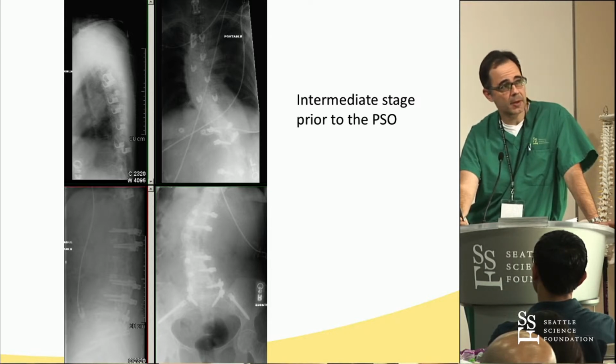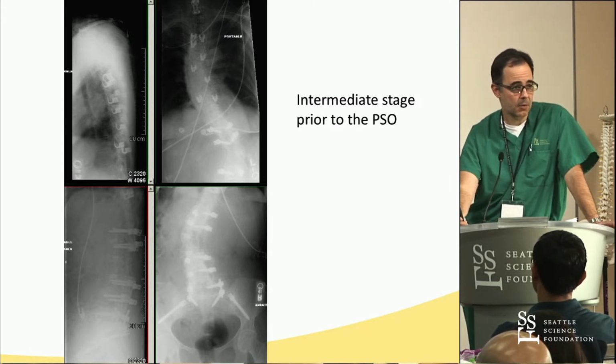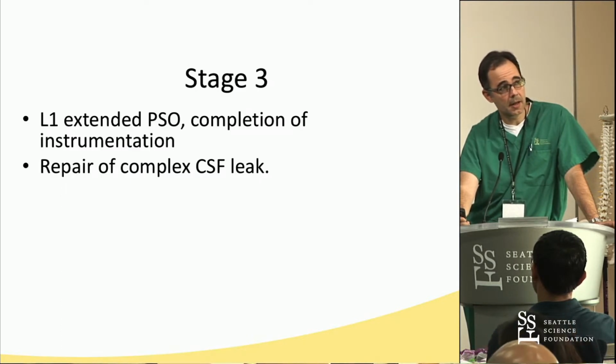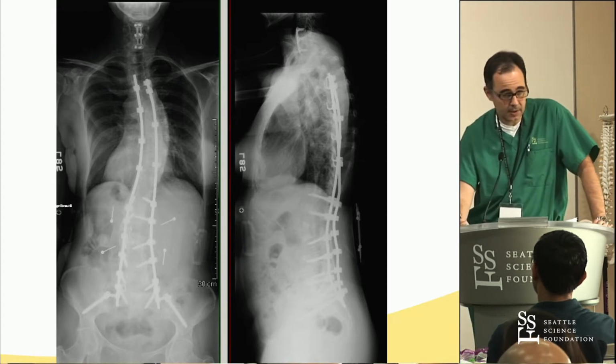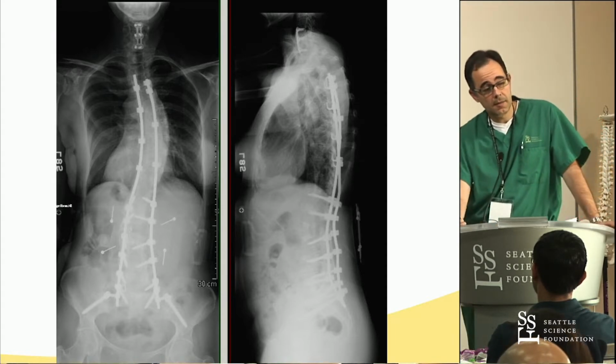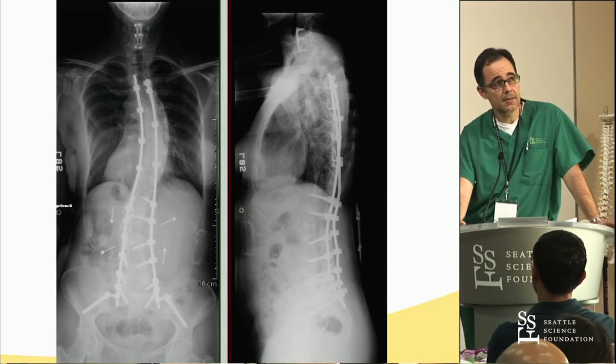So at that point, we decided that we shouldn't proceed with the PSO, and we had her resuscitated and ended up completing the PSO and ended up with this construct. And this is her 3 years out, stable, content, and feeling much better.